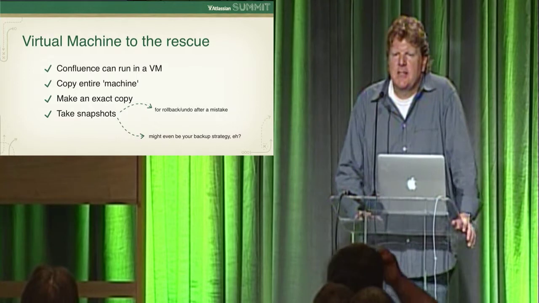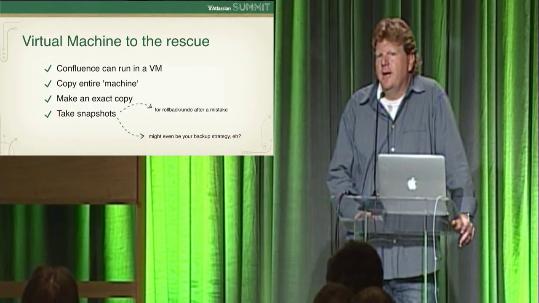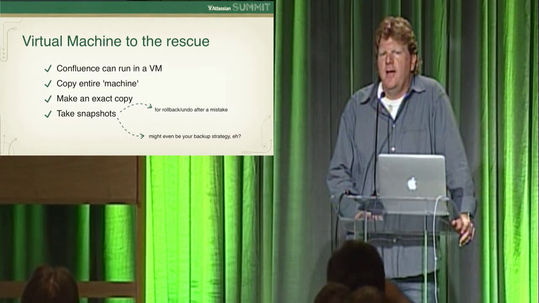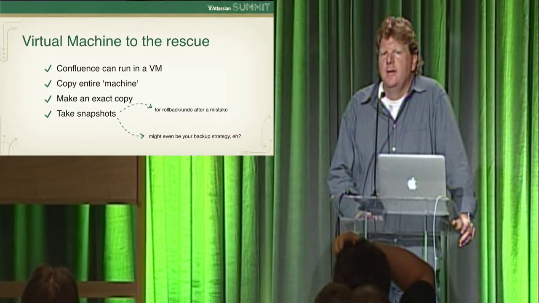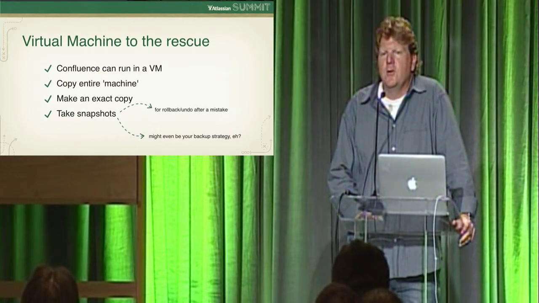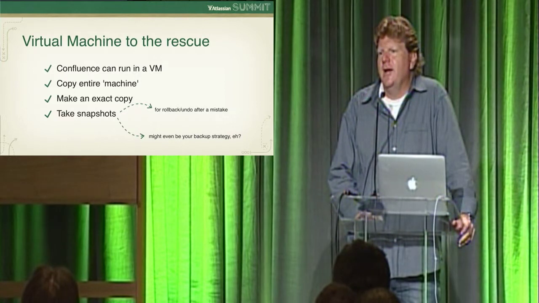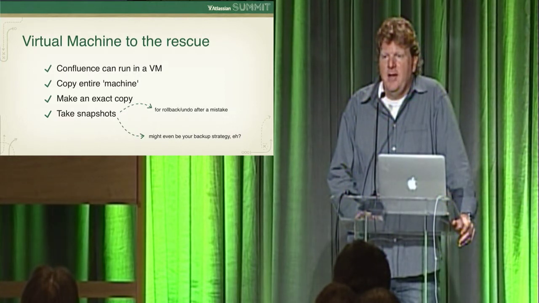Taking snapshots turned out to be a really nice benefit. If any of you are gamers and you're used to playing your favorite game and you just discovered that big power-up or that big weapon and you reach the save point, now you can go tackle the boss of that level, and if you die, you just roll back to your latest save point and try it again. You can do the same thing here.